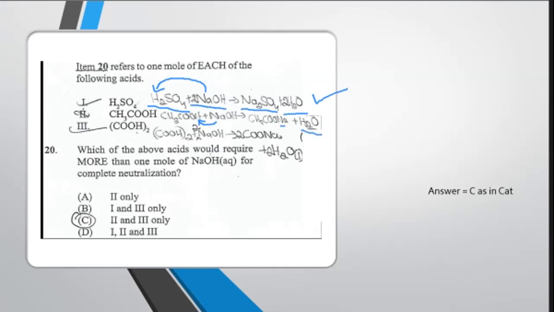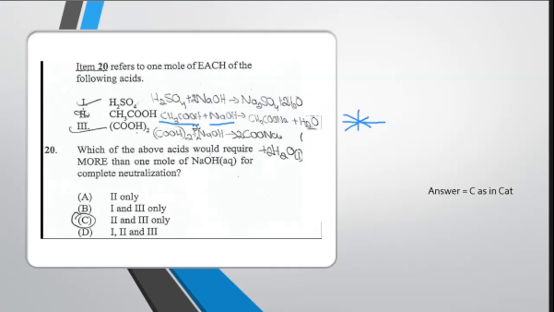The hydrogen that was here comes and binds with the OH to give you water. So each time it's binding with the OH to give you water. But in this second one, only 1 mole of NaOH is required for 1 mole of the ethanoic acid. So anything that has 2 in it is not our answer.